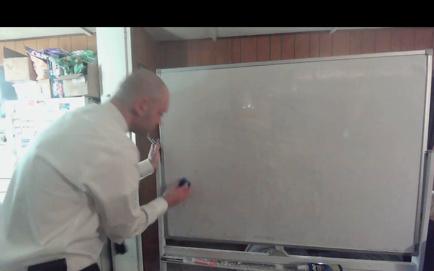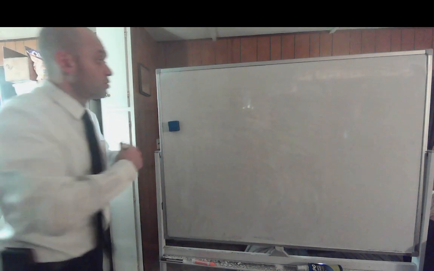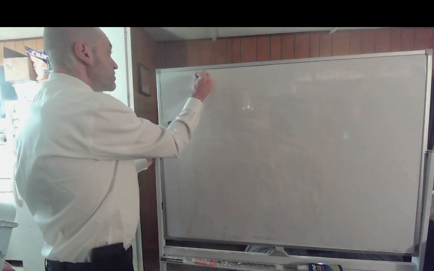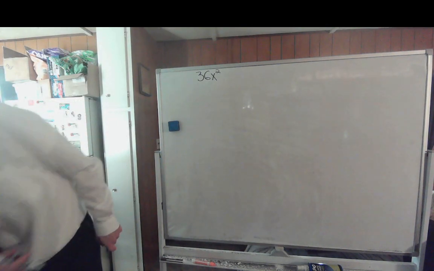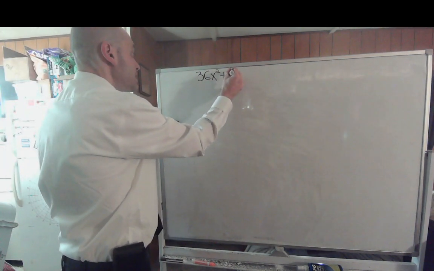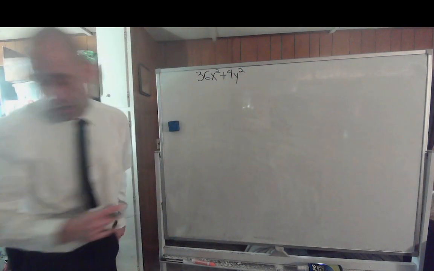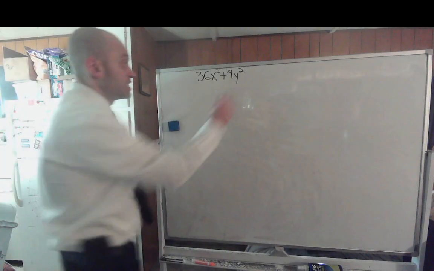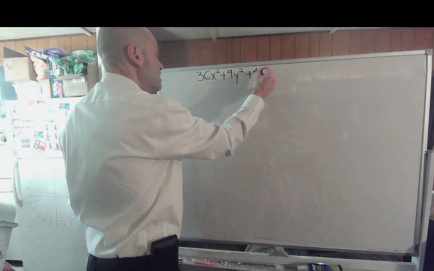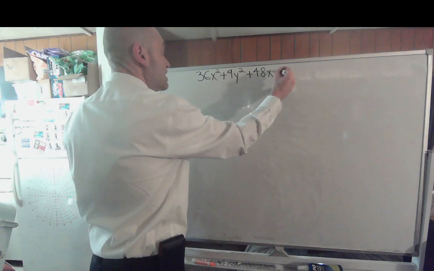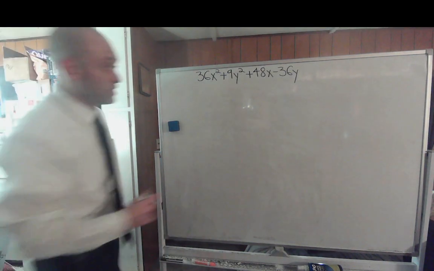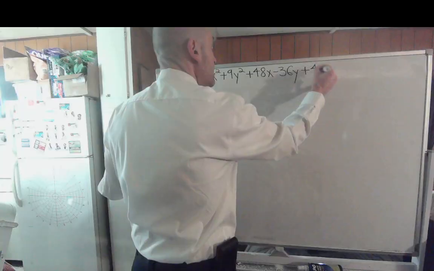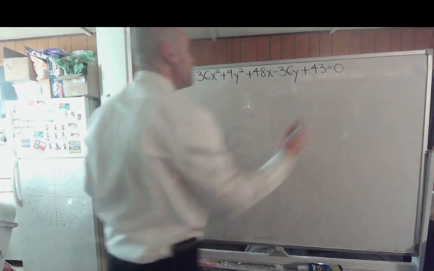So what about if... Good one. So we have 36x squared plus 9y squared plus 48x minus 36y plus 43 equals 0.